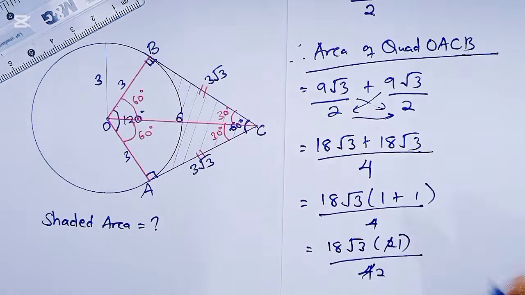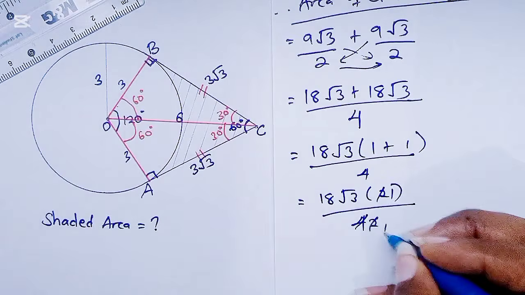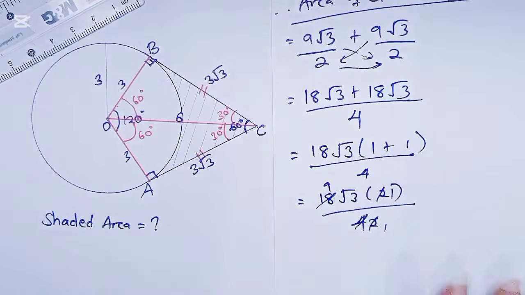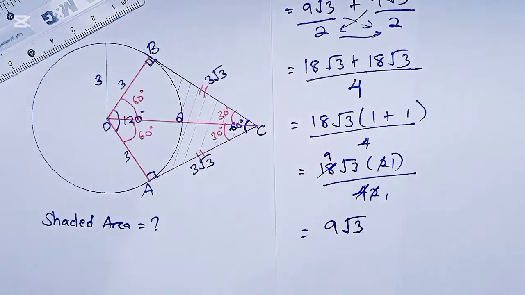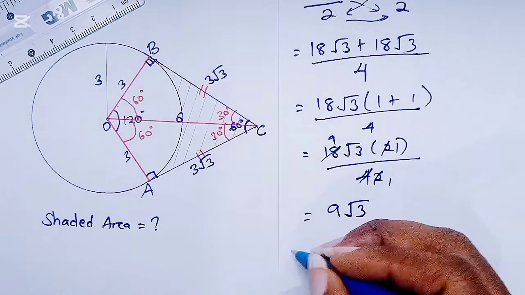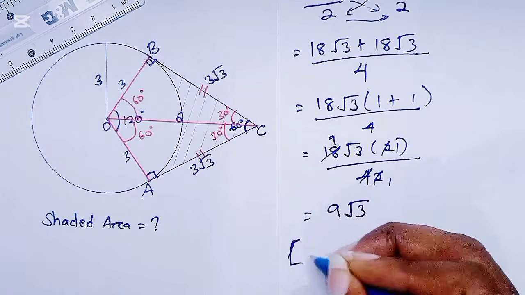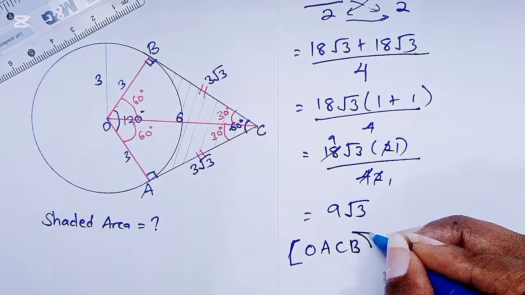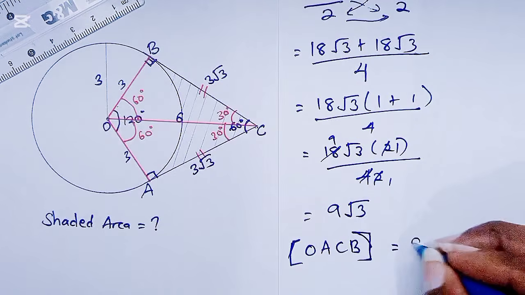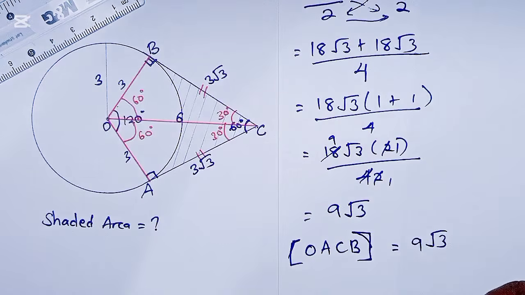This 2 goes into 4 2 times, and this 2 goes into 18 to give 9. So this will be equal to 9 root 3. So the area of quadrilateral OACB is equal to 9 root 3 square units.